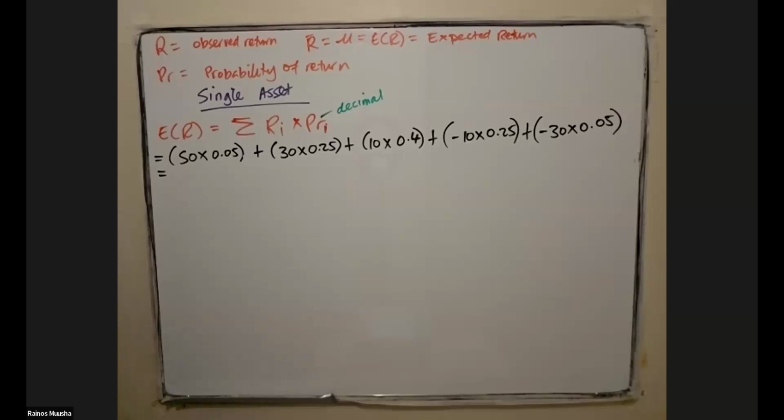So how much do you get as the expected return from the list of these returns?